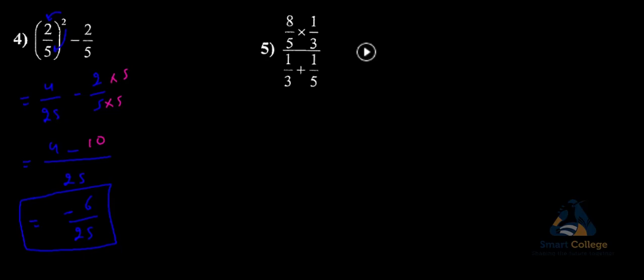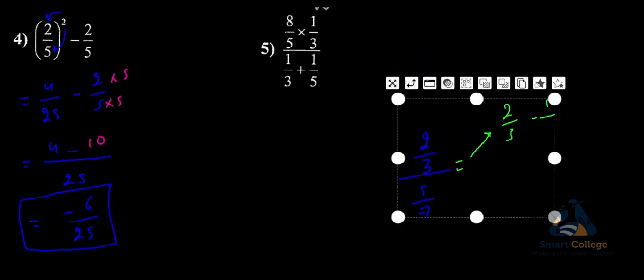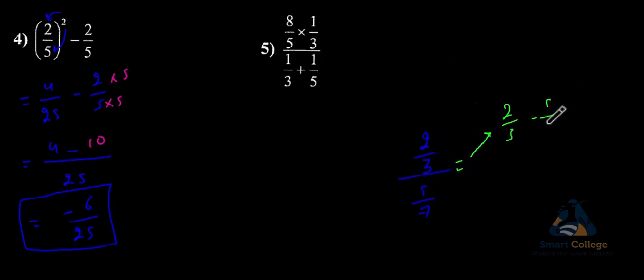Compound fractions means that we have two fractions above each other, for example 2 over 3 over 5 over 7, this is a compound fraction. How can we solve it? One of the ways is 2 over 3 divided by 5 over 7.